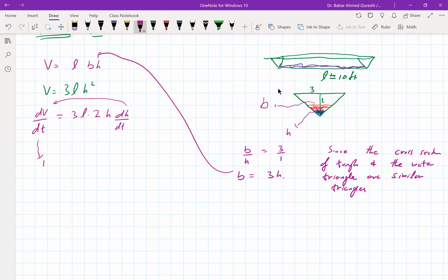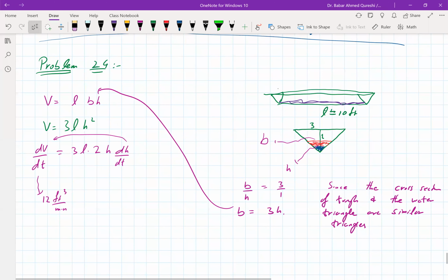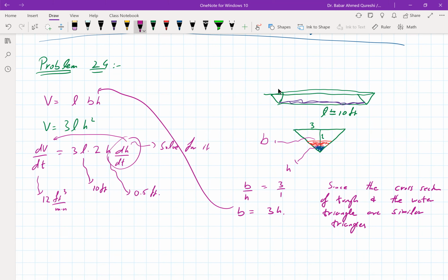That's just a fixed volume, 12 feet cubed per minute. You put that in there, and length was 10 feet. And you have to find this guy. So you solve for it by putting h, because you are finding it at one particular time when h is 6 inches. So 0.5 feet. And you just solve for it. You get your answer.